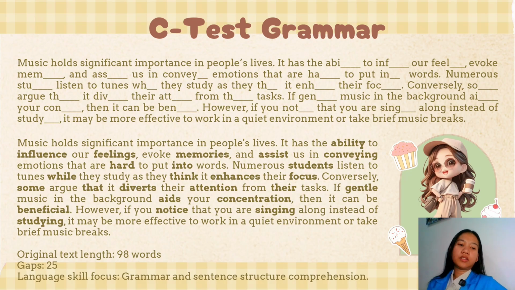The topic of music helps test grammatical understanding in a natural way. It contains verbs, adjectives, and connectors that students often use in daily situations. Perfect for observing how they build sentences logically.